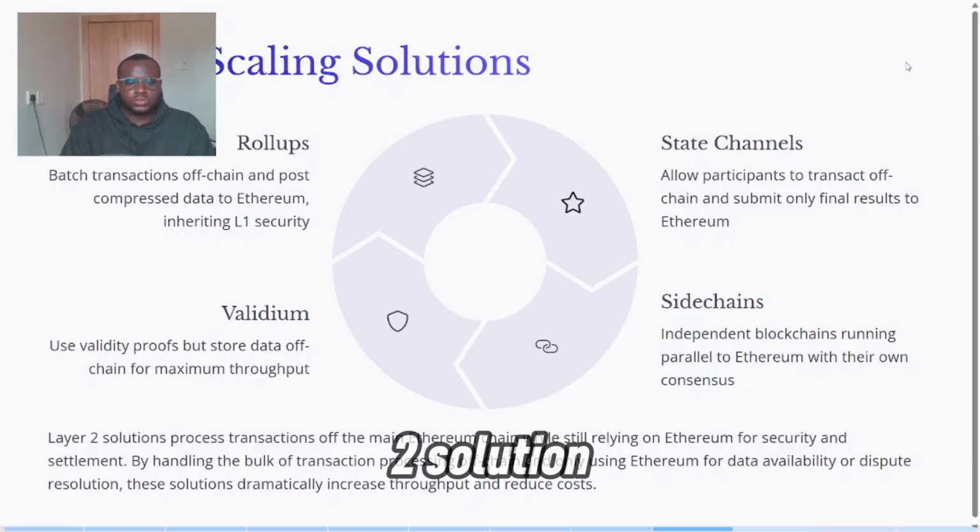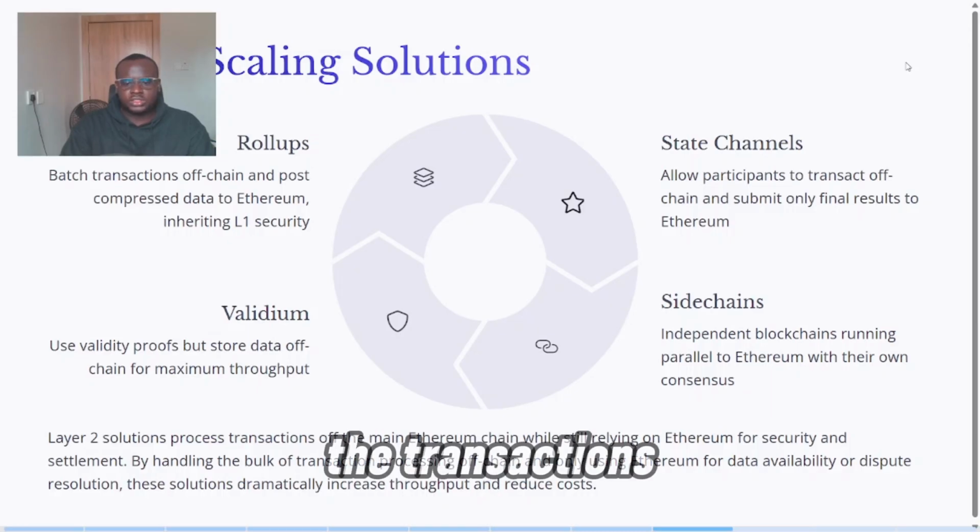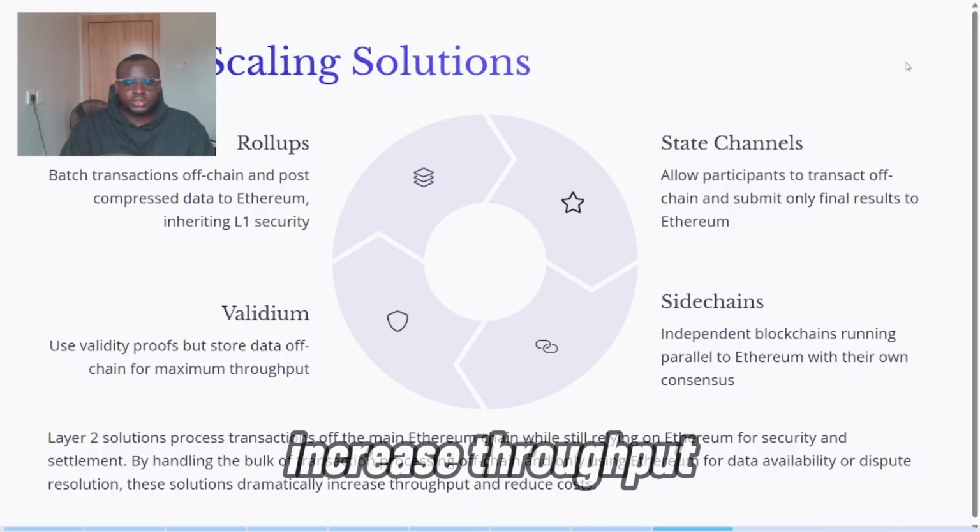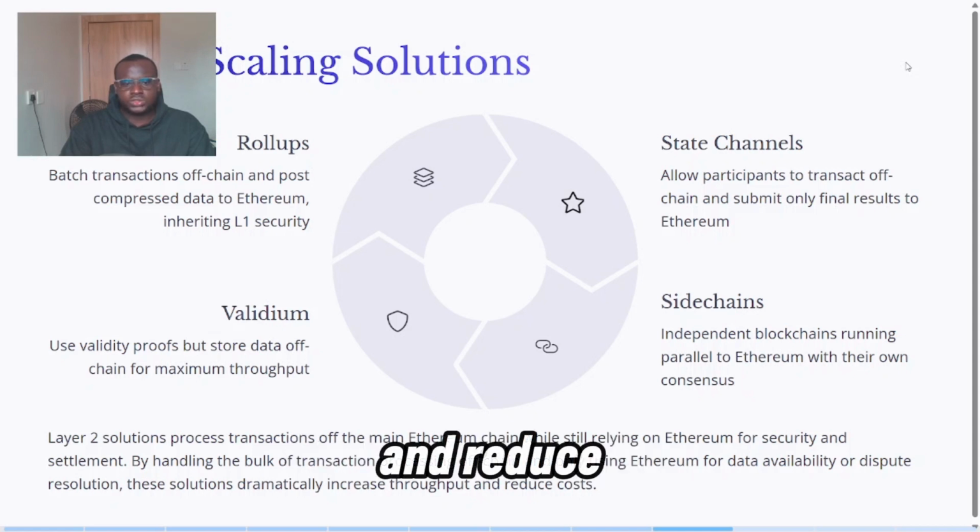Layer 2 solutions process transactions off the main Ethereum chain, but they rely on Ethereum for security and settlement. They process the bulk of the transactions off-chain, but use Ethereum for data availability or dispute resolution. This increases throughput and reduces cost.